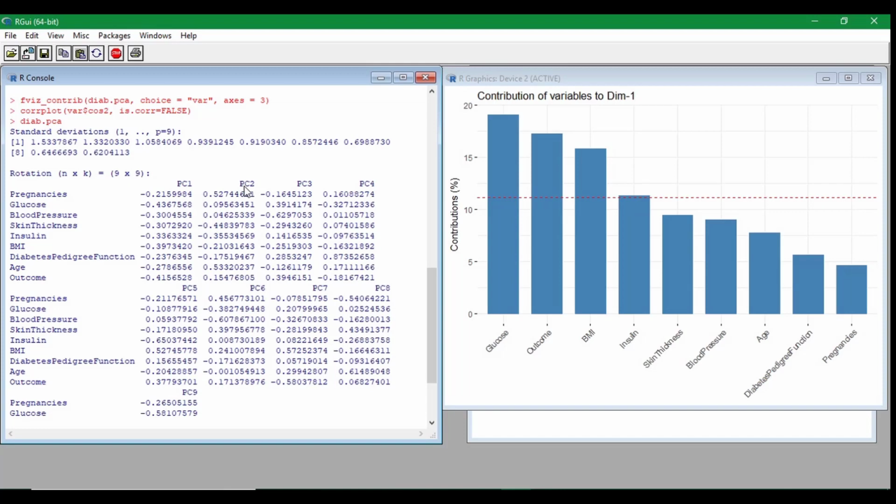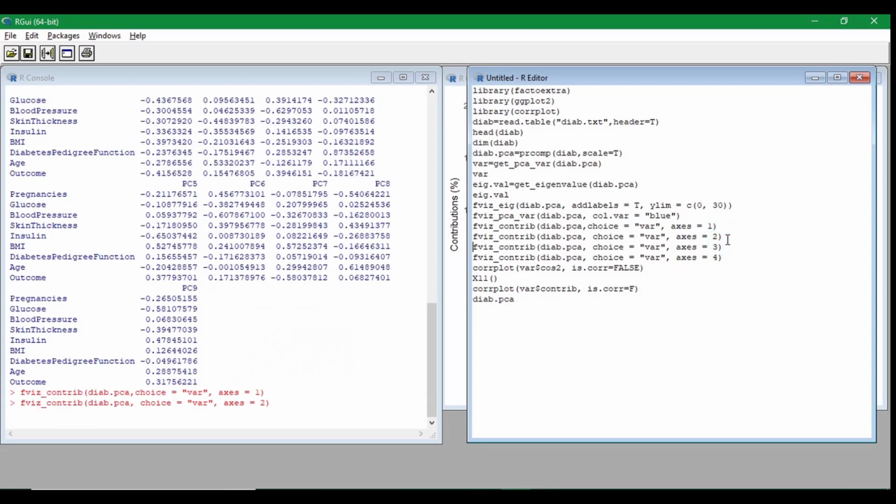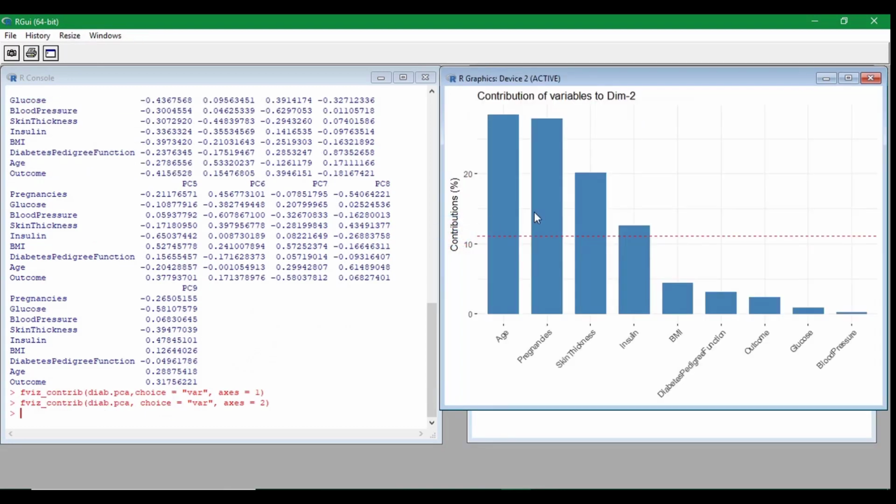So now for principal component 2, let's look at the contribution of variables. For dimension 2, the contributions of variables are age, pregnancies, skin thickness, and insulin.